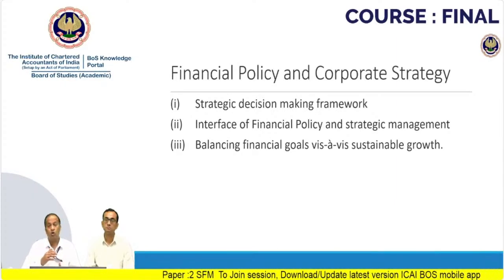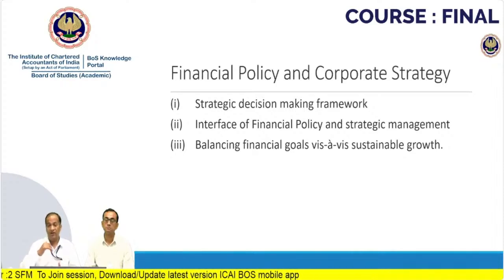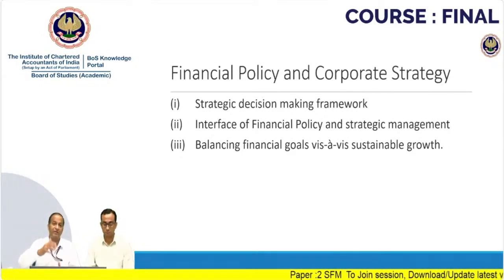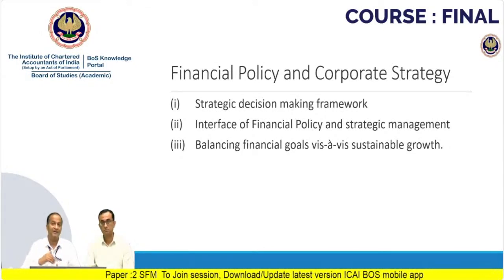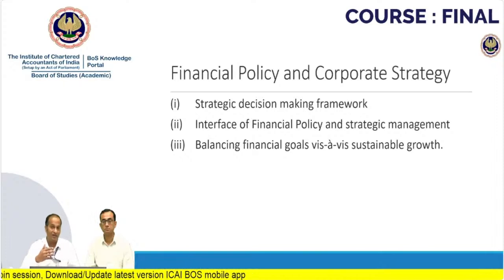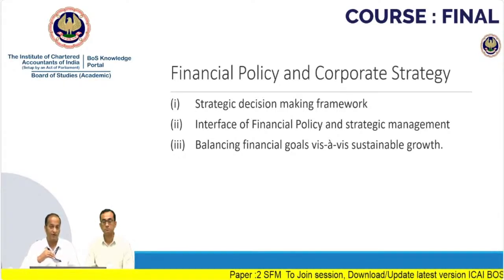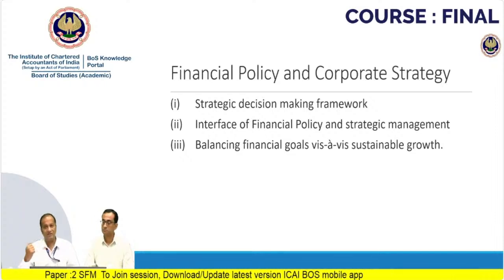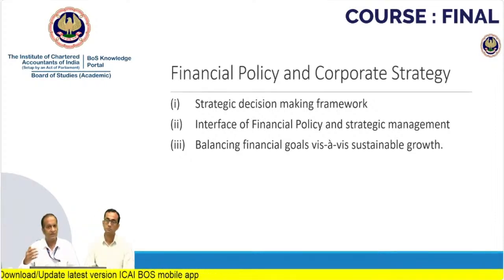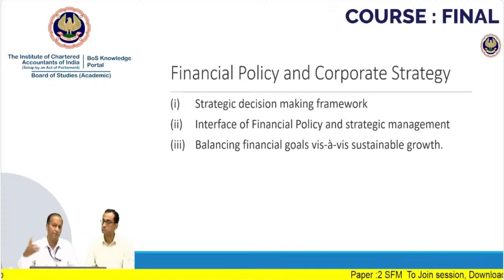Okay, so similarly, when we are going for very high growth, the stakeholders invest the money in the expectation of very high return. But if they don't get it, they will not be happy. So then it will be a problem for the corporate world. Similarly, if the growth is very slow, the stakeholders will start pulling out their money.